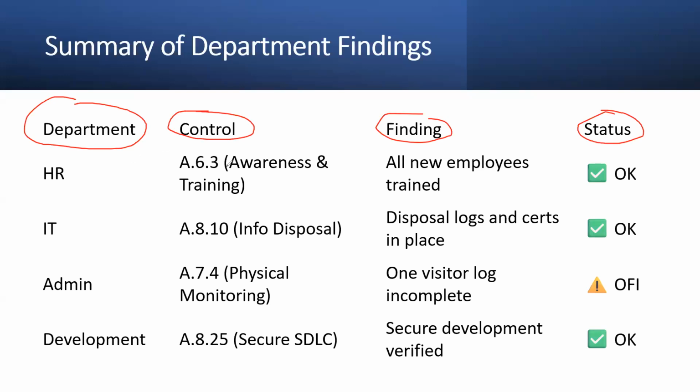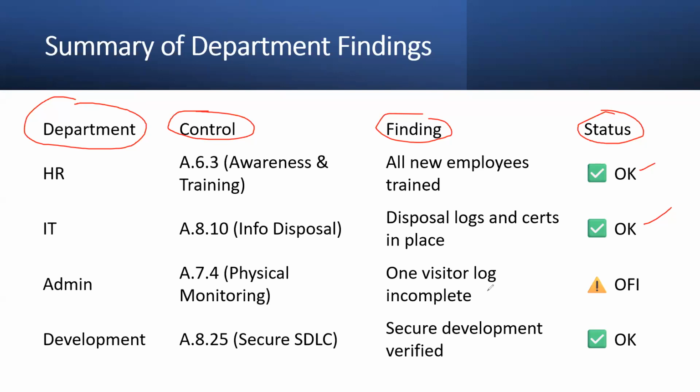Okay, so HR department, awareness and training: all new employees have been trained. Status is okay. IT department, information disposal: logs and certificates are in place. Status is okay. Admin, physical monitoring: one visitor log is incomplete. OFI. OFI stands for opportunity for improvement.